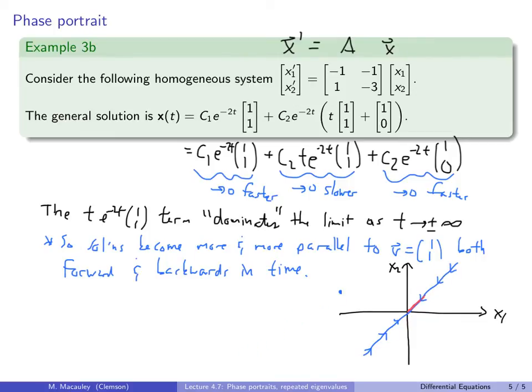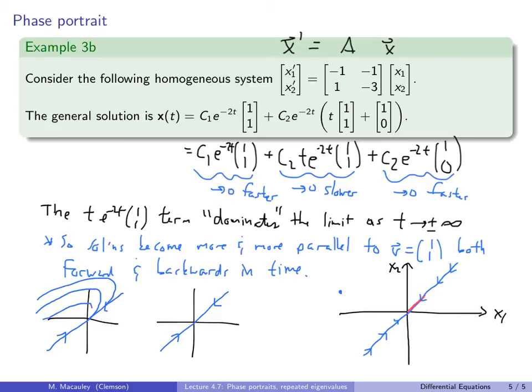So let me sketch what I'm saying here. There are two possibilities, and we're not really sure which one is which yet. Let me put these arrows in like this. One possibility is that these solution curves spiral like this. Again, I haven't proven this, but at least it's believable. You can see these curves, both forward in time and backwards in time, are limiting toward this line, at least their slope is.